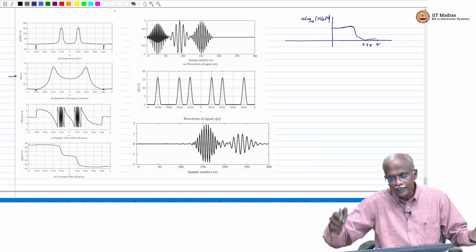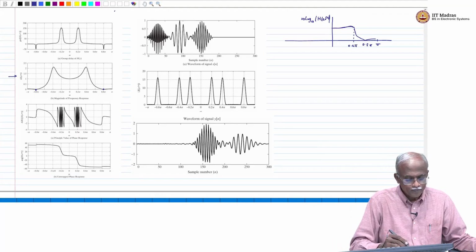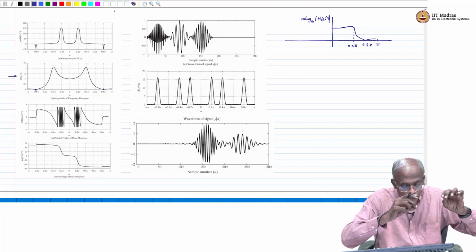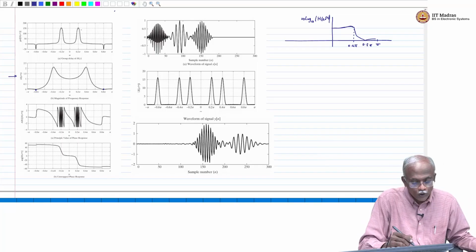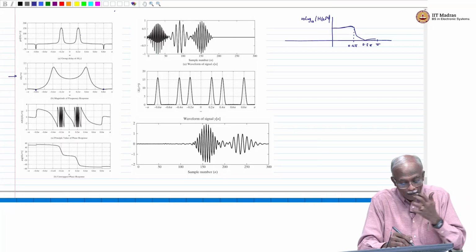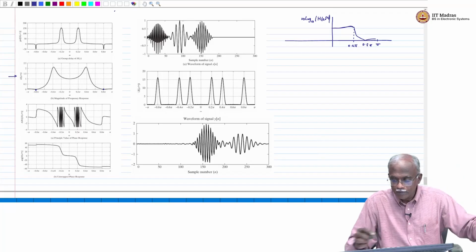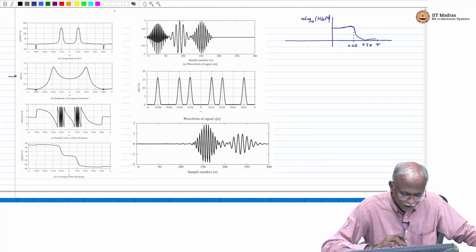Now, where is the rapid change? The rapid change is happening around 0.4 pi. Now, what we find is that this will be the place where you will find a large group delay. Let me see, that's not what it is showing here.